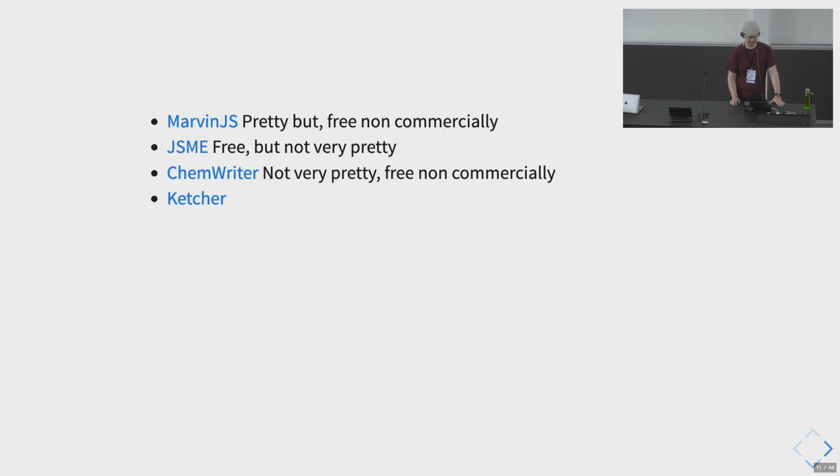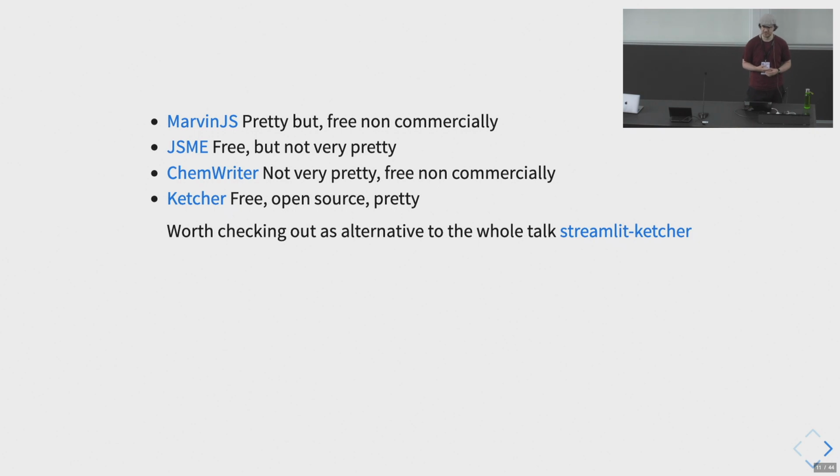ChemWriter is sort of free, but again a bit complicated with licensing. Then there is Ketcher, which seems to have no catch because it's free, open source, and with a really permissive license, so you can actually do whatever you want with it.